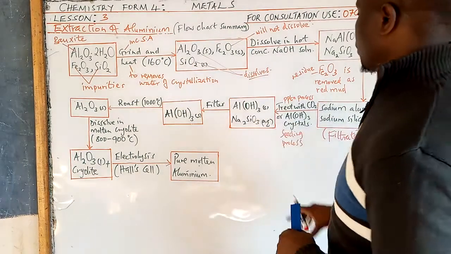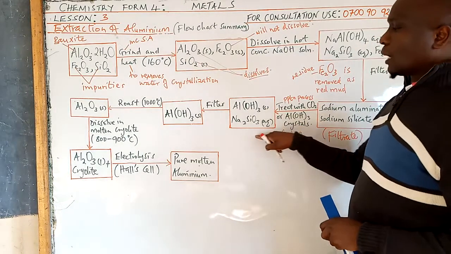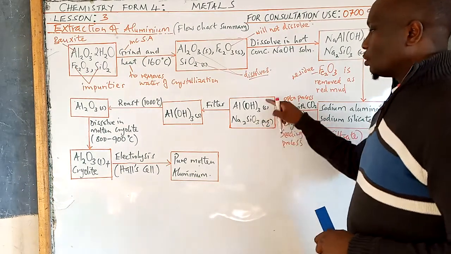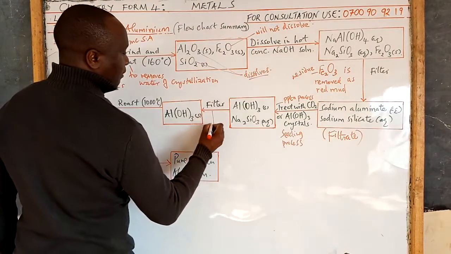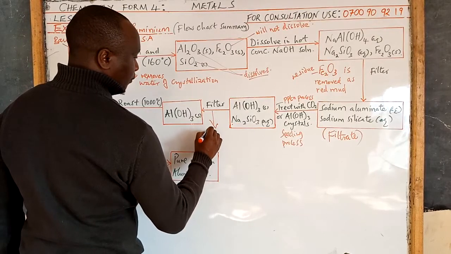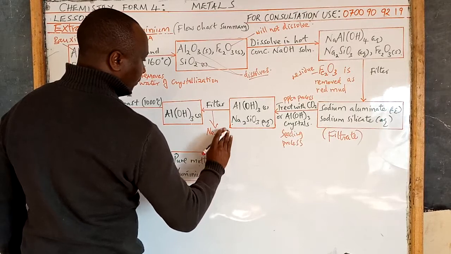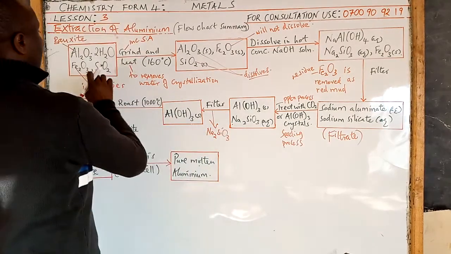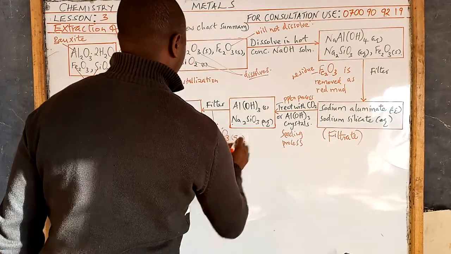So you have aluminium hydroxide, while sodium silicate or the silicate ions remain in solution as sodium silicate. So now you have a solid and a solution. So to separate the two, you filter. So when you filter at this particular point, now this one is removed. So the silicate ions, now at this particular point, you have done away with this impurity. So removed as silicate ions.